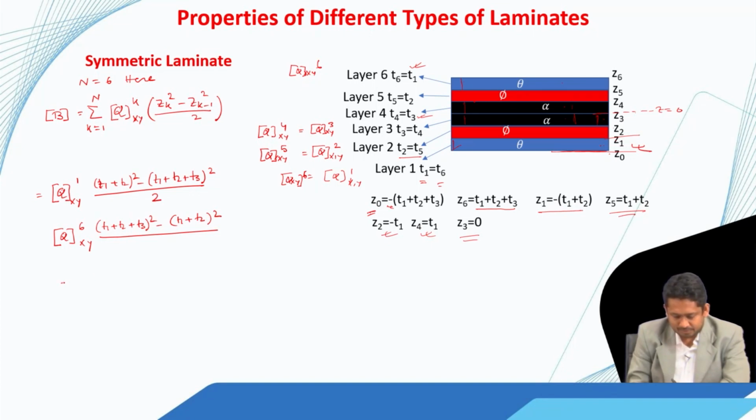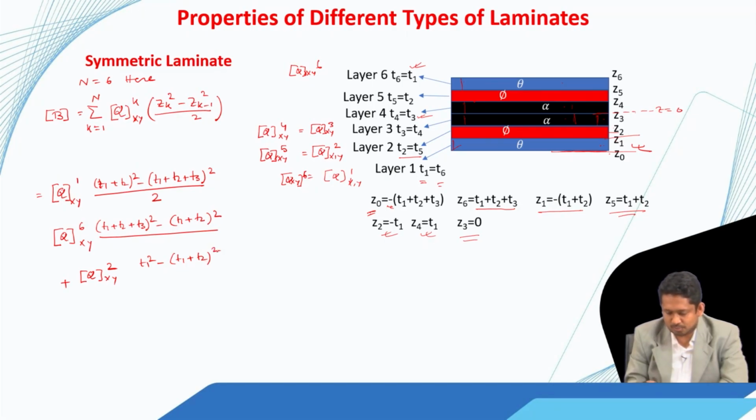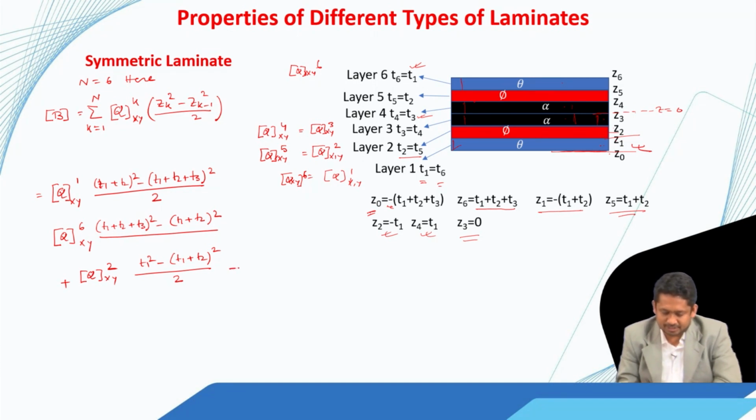and then we will write for the second layer. So, for the second ply we have Q x y at k equal to 2, and then we have Z k, which is Z 2, equal to T 1 with a negative sign, but we square it, so the negative sign does not come into the picture, minus Z 1, which is T 1 plus T 2 with a negative sign, and finally we get this.